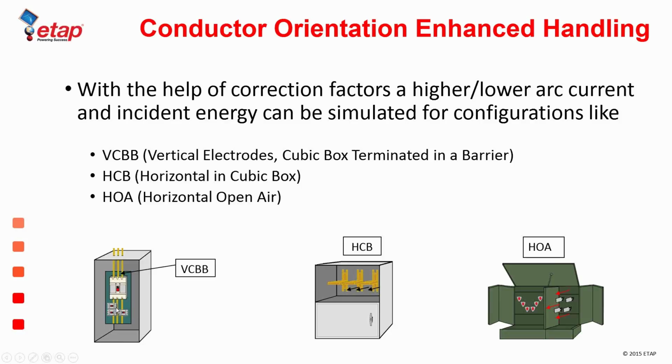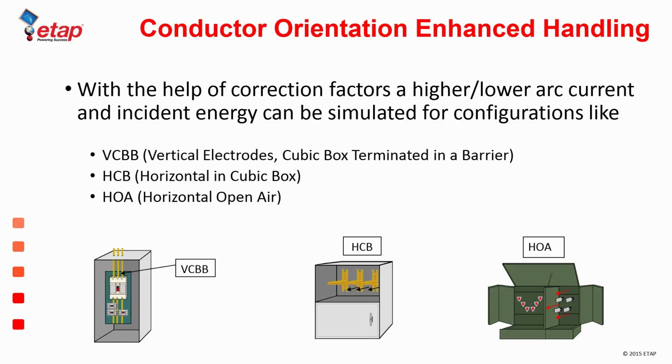such a condition, such a configuration. In the middle, we have a horizontal in a cubic box. So this is when you open up the switchgear, for example, and the bus bars would be directly pointing towards the worker's chest, the horizontal conductors. And over on the right-hand side, you have horizontal open air.